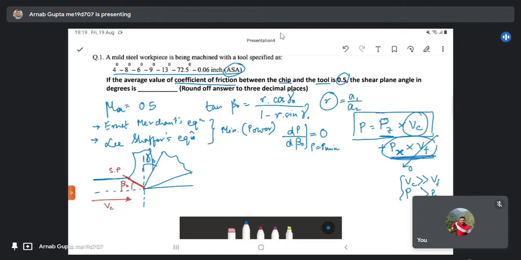So Pz is the only variable here. We can write dPz by d beta naught equal to 0, and we already know the expression for Pz. You can derive it from the Merchant circle, or you can also remember it, whichever is convenient for you.